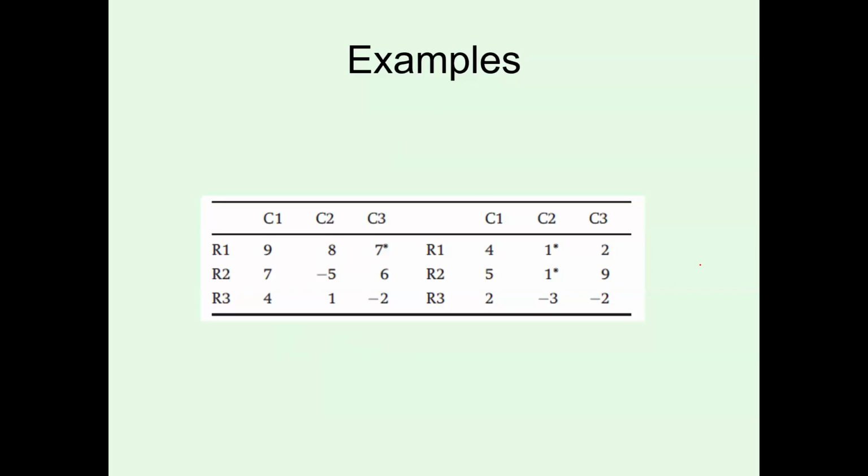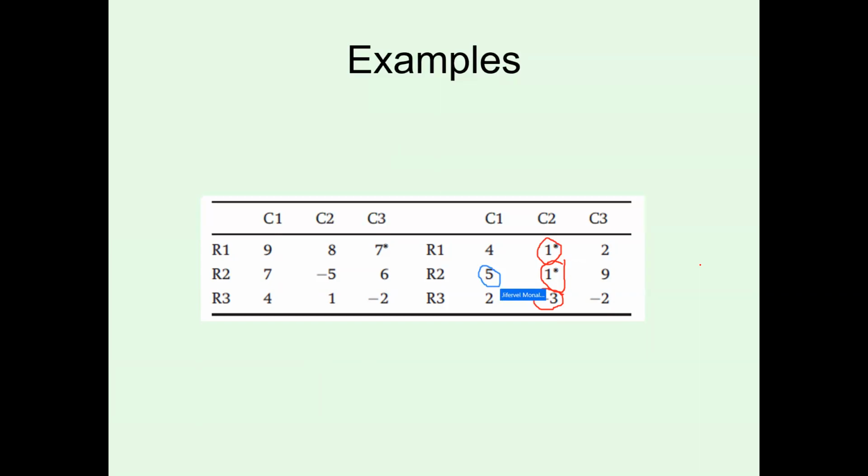Okay. The minimum in row 1 is in C2, then in R2 the minimum is 1, also in C2. In R3 the minimum is likewise. Then the maximum per column in C1 is 5.